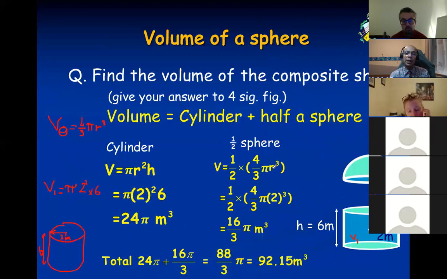That's why here pi r cubed is pi times 2 to the power of 3. Because if that is 2 meters, the radius is going to be 2 meters all around.